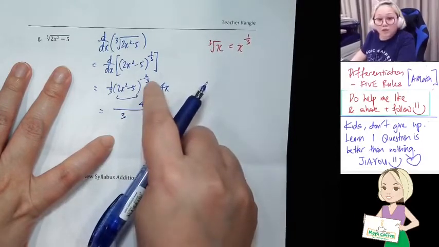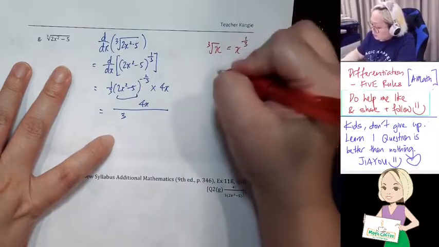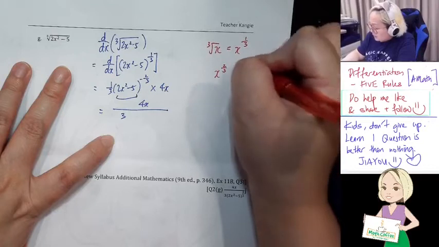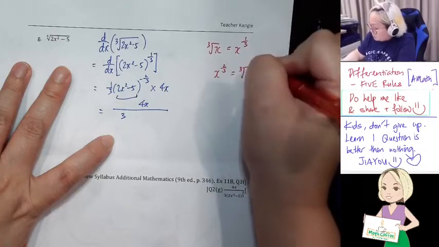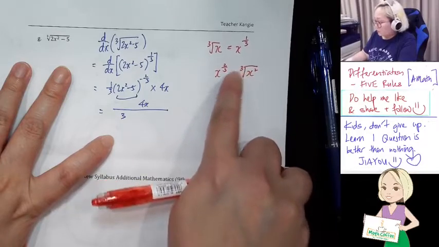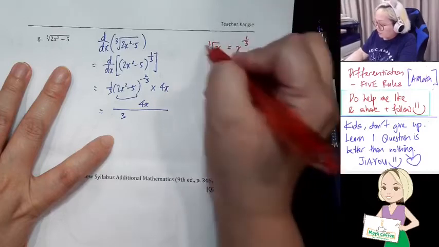So this is 2/3, right? How am I going to write my 2/3? If today it is x to the power of 2/3, I will write it as cube root of x squared. We need to know that the denominator 3 is the root, and the numerator 2 is the power.